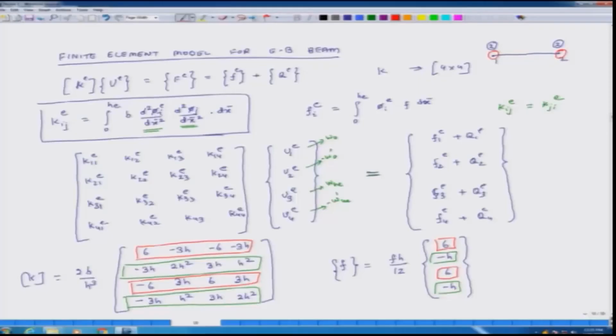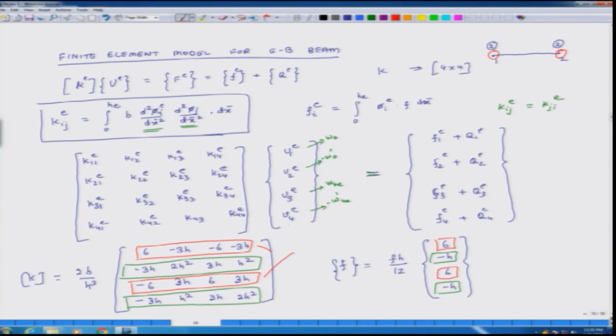The first row and the third row, they are associated with the displacement. So, that is why they look similar. The same thing on the right side of the equation also, that you have same terms there.